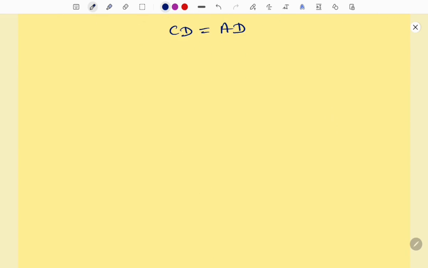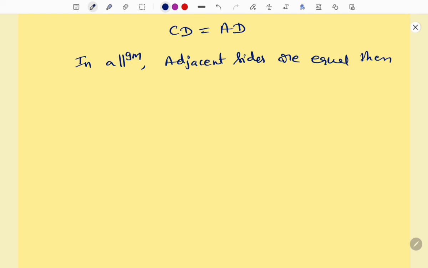That's where you can write, in a parallelogram, adjacent sides are equal, then it is a rhombus. And therefore ABCD is a rhombus.